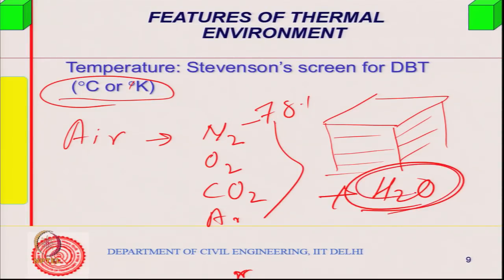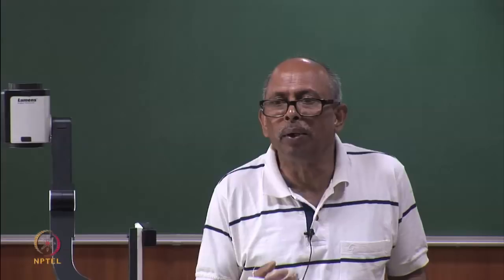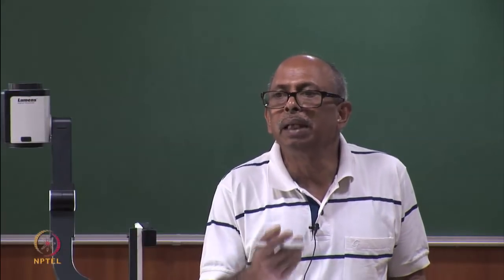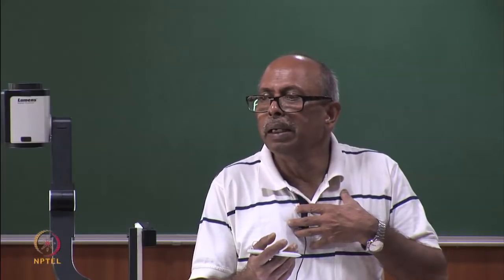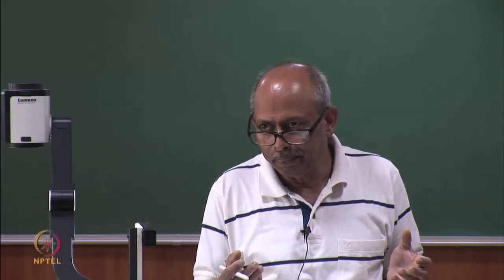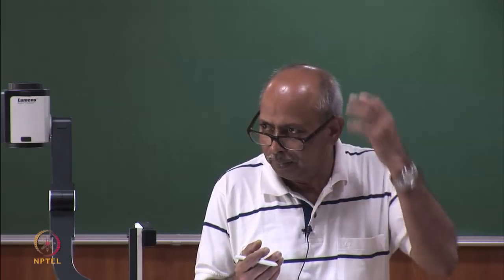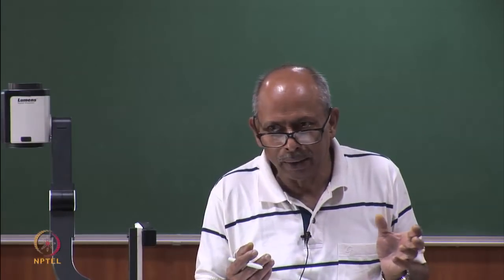So, this is the moisture vapor, and this moisture vapor has got an importance related to thermal comfort. As we shall see later on, the body would like to maintain a fixed temperature, right. Deep body temperature has to be constant.